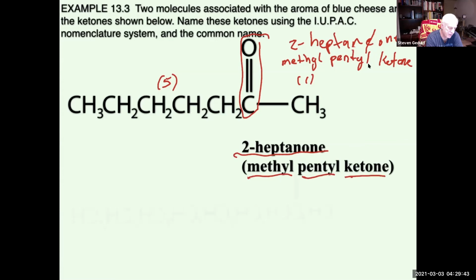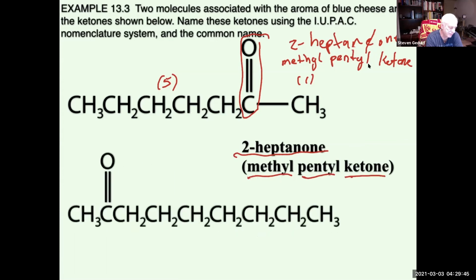Okay. And here's another one. How many total carbons do we have here? 1, 2, 3, 4, 5, 6, 7, 8, 9 carbons. 9 is nonane. Again, all single bonds. It's a ketone.